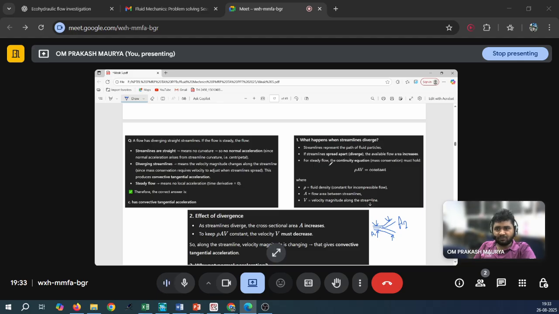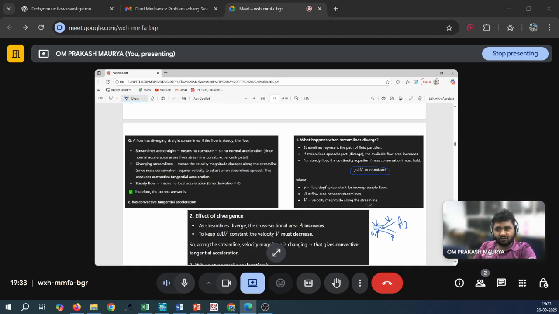For steady flow, the continuity equation must hold. For compressible flow, rho A V should be constant.